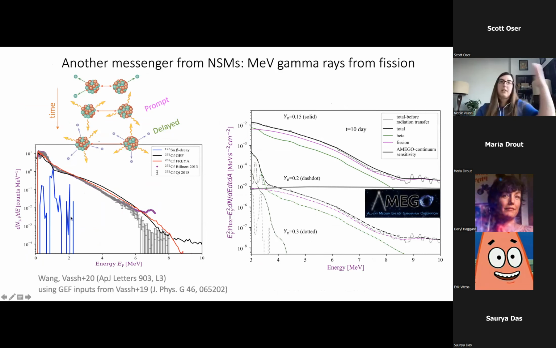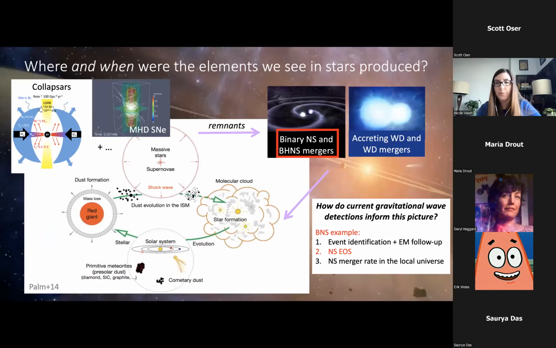Usually at these later times, you are closer to those stable species, so you're getting gammas from beta decay and they are falling in this lower energy range. However, if you have fission, you have a more continuous spectrum here, so you're getting these higher energy gamma rays from fission. So this is another potential signature that we've reached actinides in a future neutron star merger observation.